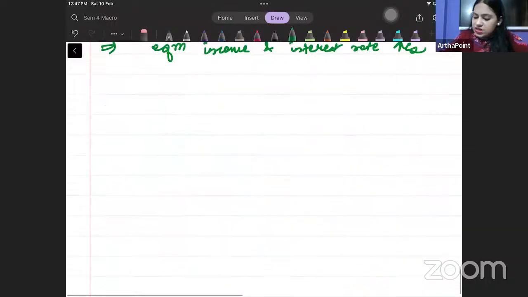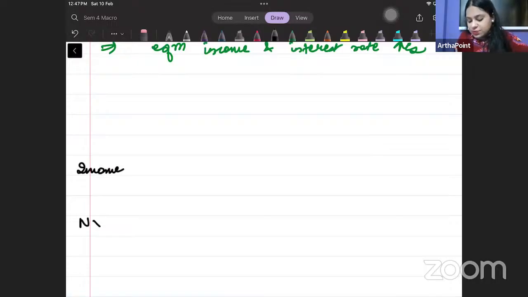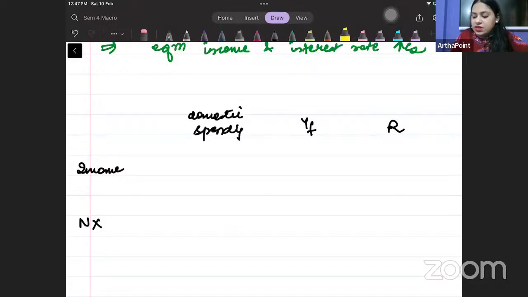So let us take our income here and our net export here: domestic income, foreign income, exchange rate. जब income बढ़ती है, let's say this as home spending, domestic spending. ये better word होगा. So when domestic spending will increase, जब लोग ज्यादा खर्चा करेंगे, then you can consider it like this.